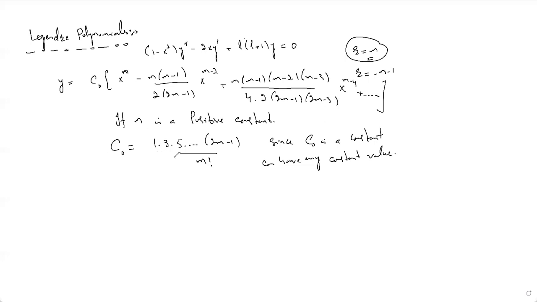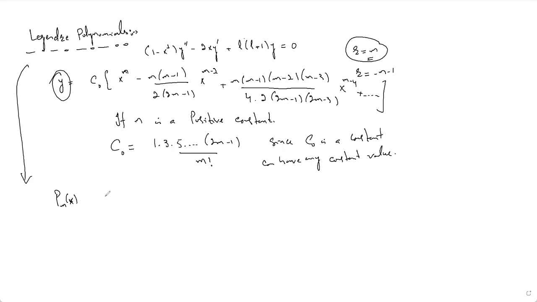When I substitute the value of c naught into this equation, instead of y I will write the solution as P_m(x). P_m(x) is just a solution. Since we consider this to be a Legendre polynomial, I will call this solution a Legendre polynomial.